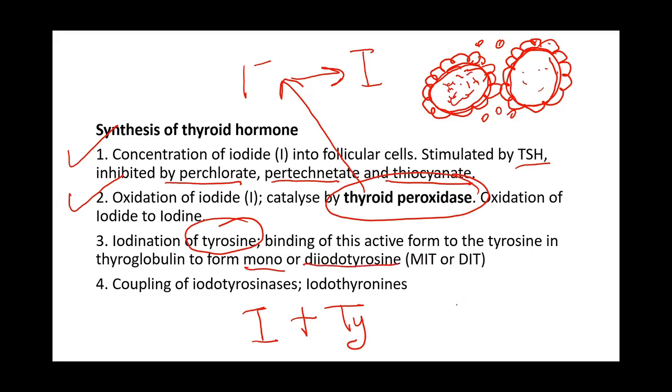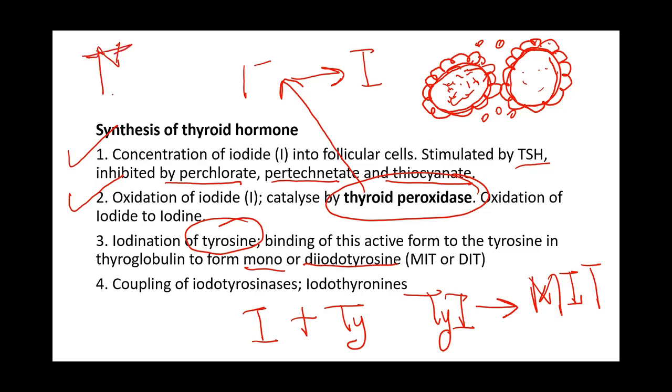Now, when you have one iodine coupling with tyrosine, you have monoiodotyrosine. When you have two iodine coupling with tyrosine, you have diiodotyrosine.